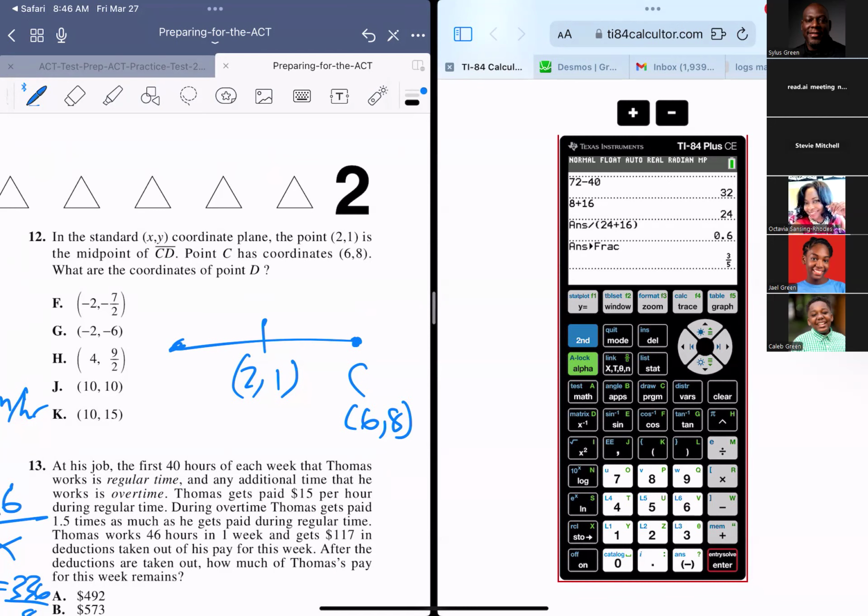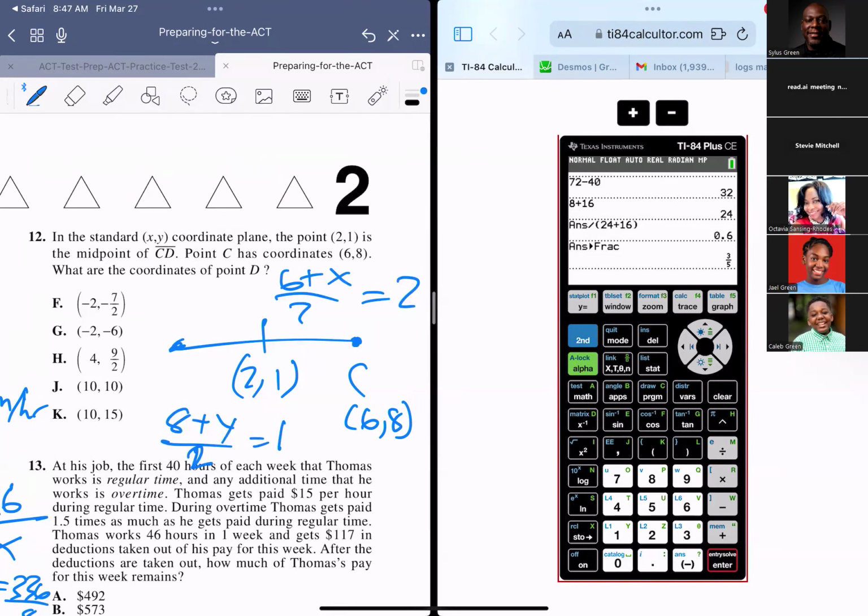So how you would write that algebraically is 6 plus what, over 2, equals 2. And then the same thing, 8 plus what, over 2, equals 1.